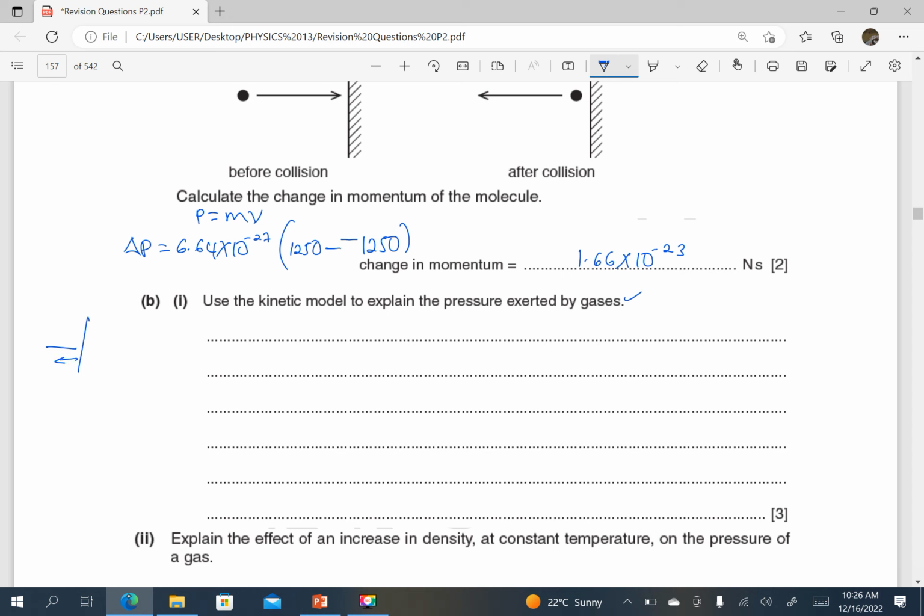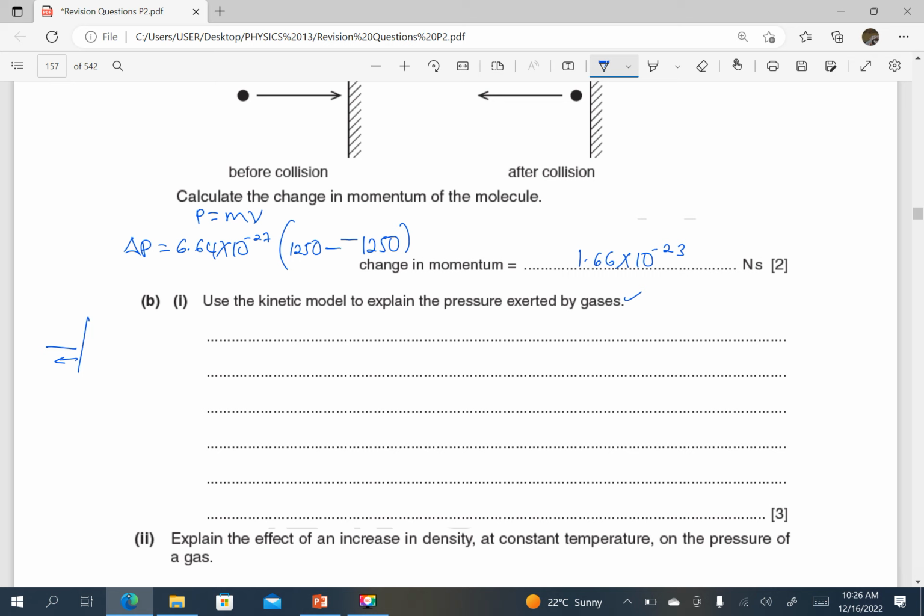Remember, the force is the rate of change of momentum. So since there is a change in momentum, the change in momentum with time is going to be the force exerted on the wall. Remember, there are several other molecules, and the sum of all their collisions per unit area will constitute the pressure exerted by the gas.